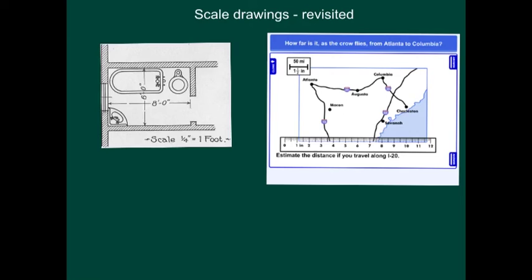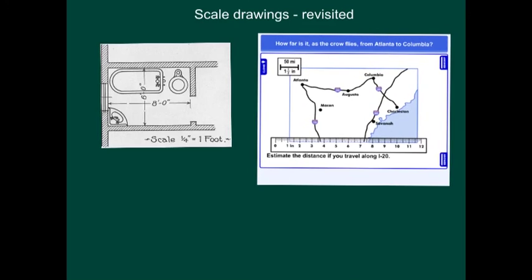And if you looked at the map and you were trying to find the distance you traveled along I-120, it looks like I-120 is this, I just did it in white, but from Atlanta to Charleston.